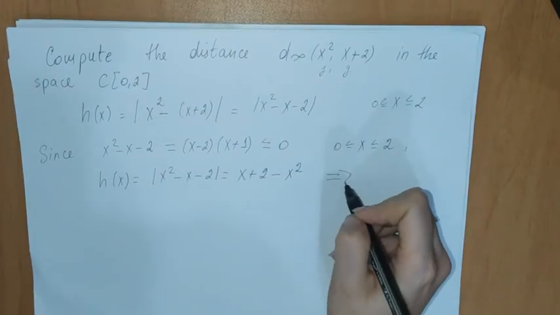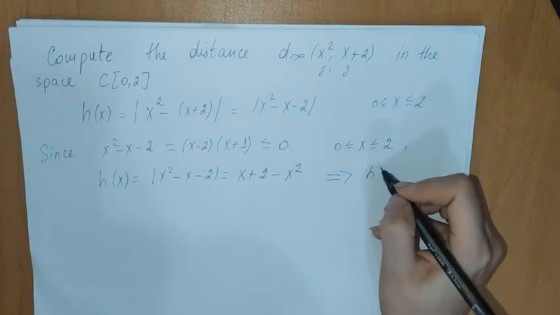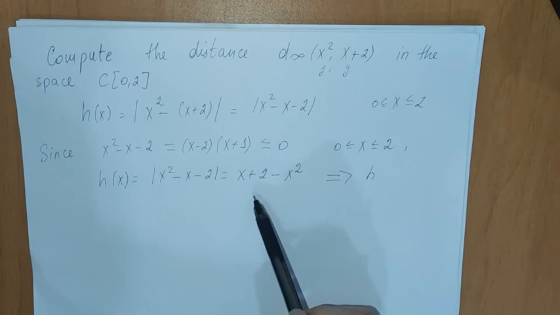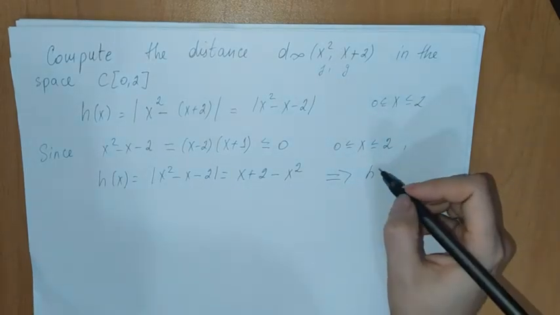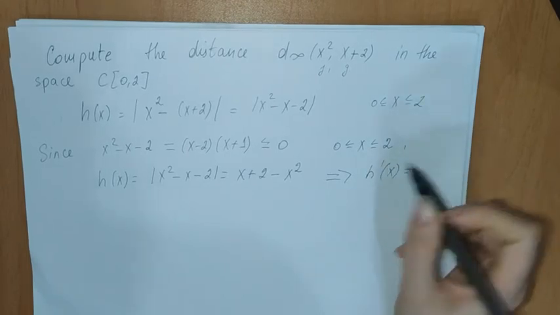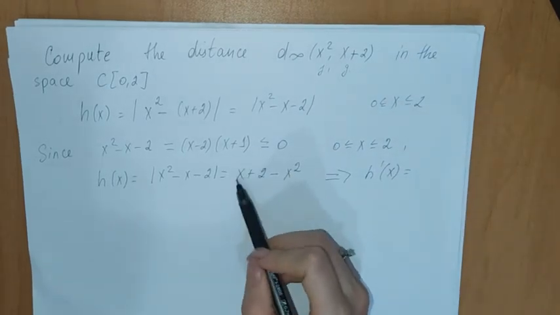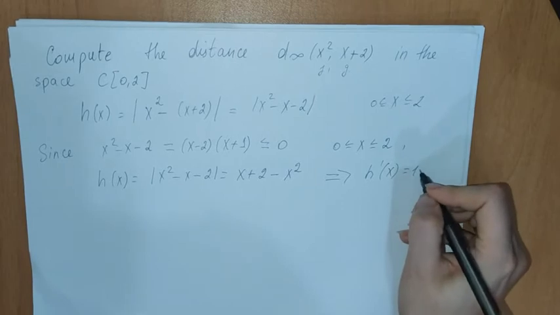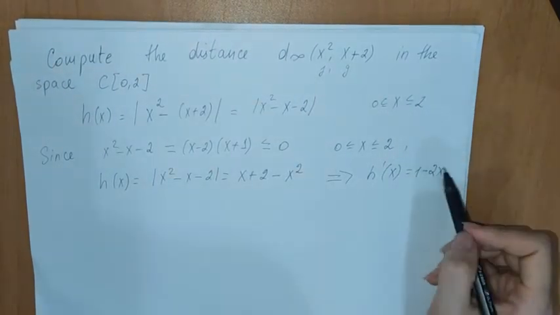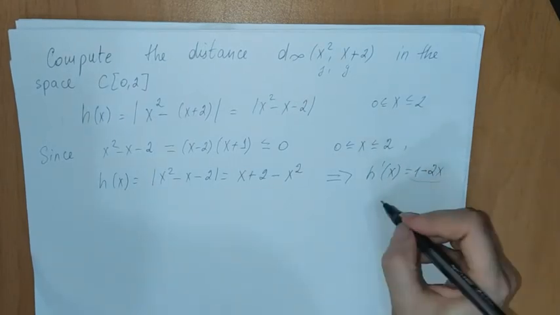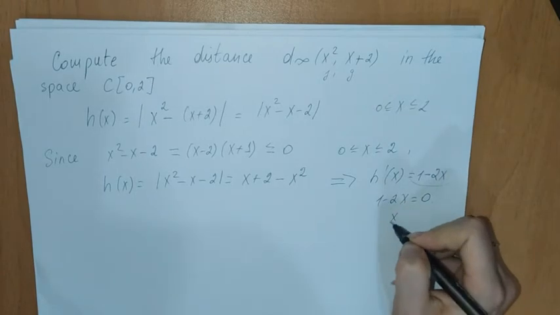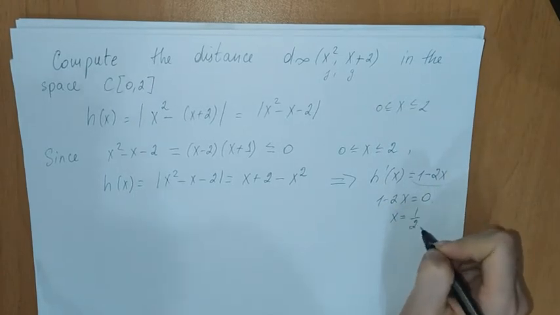And therefore, if we find the derivative of this formula, we get h prime of x equal to 1 minus 2x. Let's solve this equation: 1 minus 2x is equal to 0, so x is equal to 1 over 2.